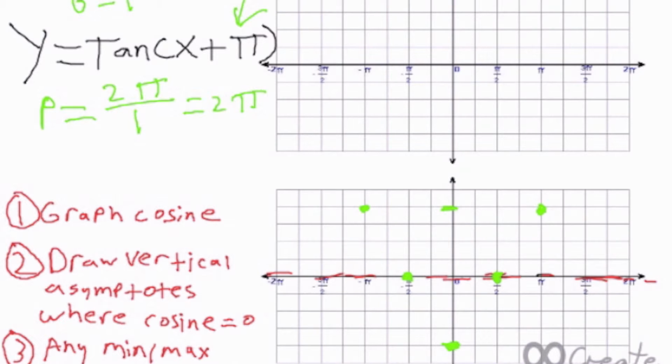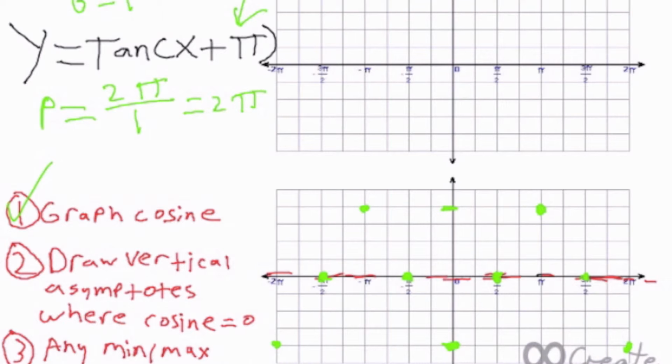Keep following through with all your points. And then afterwards, you should have a full cosine graph, as long as you don't make any mistakes. And now we have our full cosine graph, and then we've completed step 1.